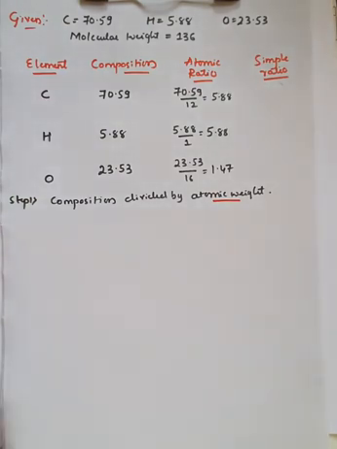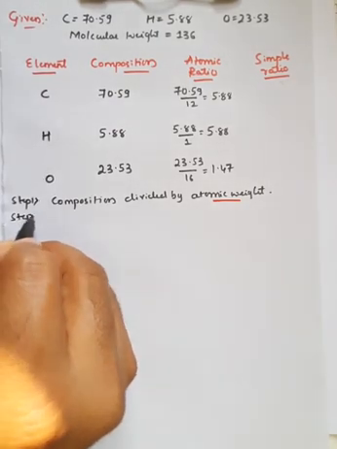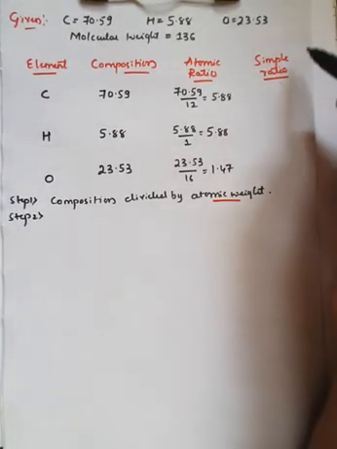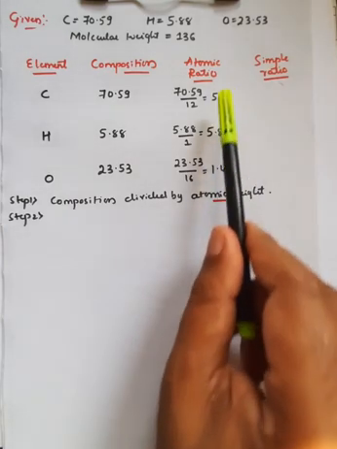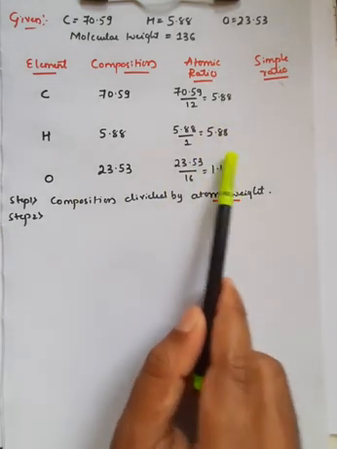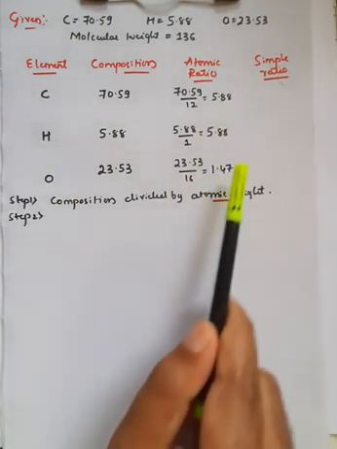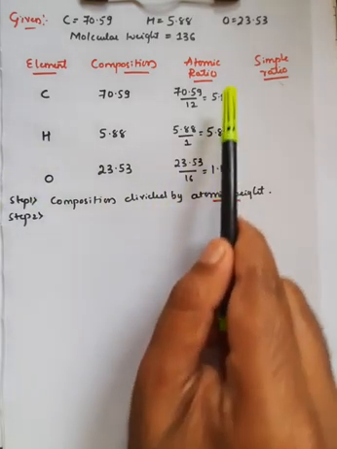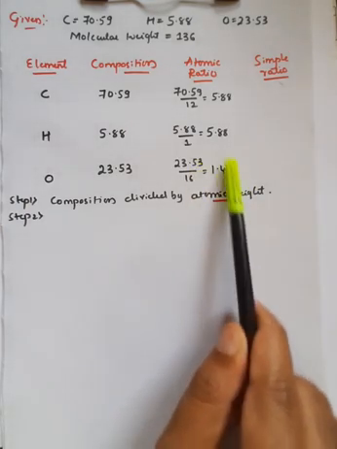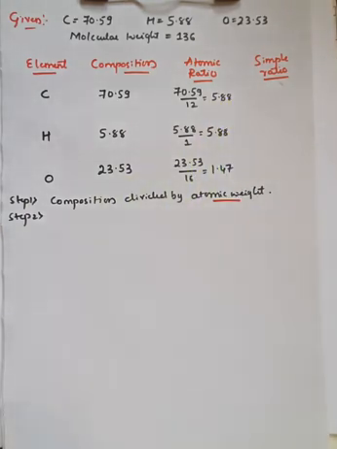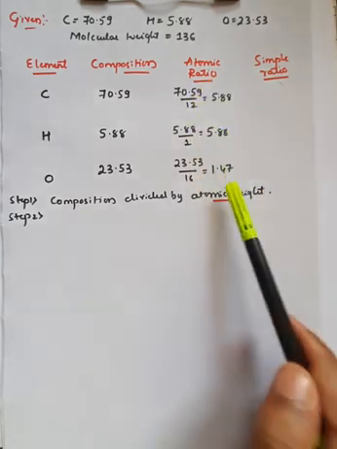And the second step is to calculate the simple ratio. To calculate the simple ratio, we have to take the smallest value out of the 3, and divide all the atomic ratios by that smaller value.